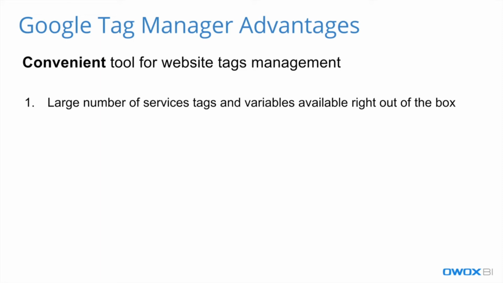So for each Google Analytics tag, you need to specify the web property tracking ID, so that GA knows in which slot on its servers to save data that is being sent from your website. You need to specify this ID each time you configure a new tag to GA.